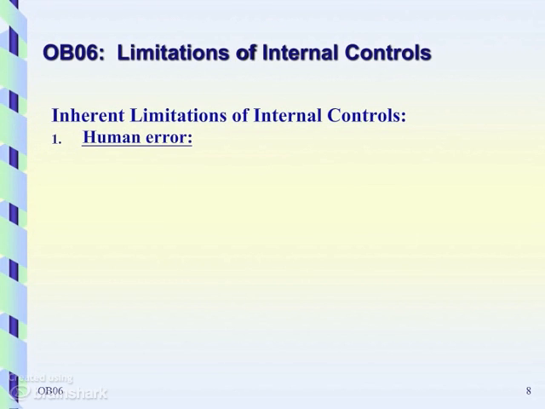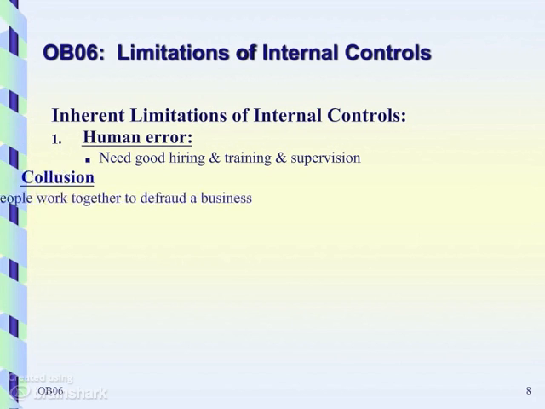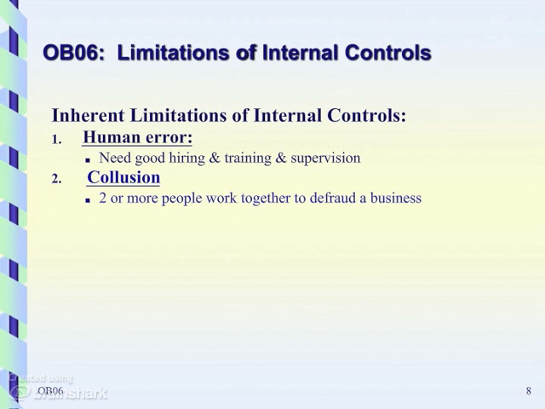The primary limitations of internal controls consist of human errors, which is basically ensuring good hiring practices and then training and properly supervising your employees to hopefully minimize human errors. Collusion. This is when two or more people might work together to defraud a business.